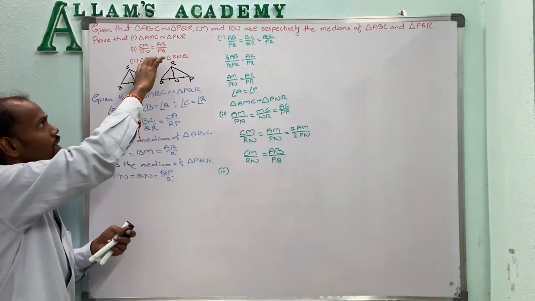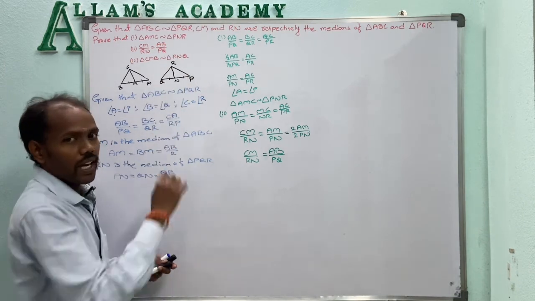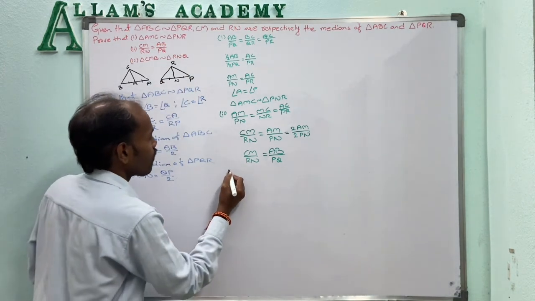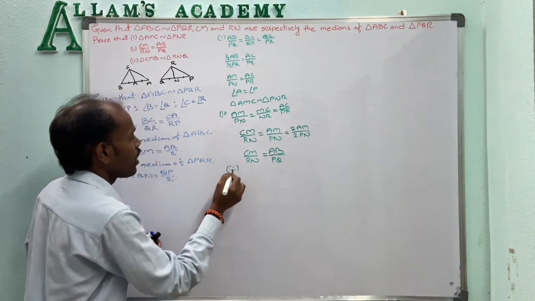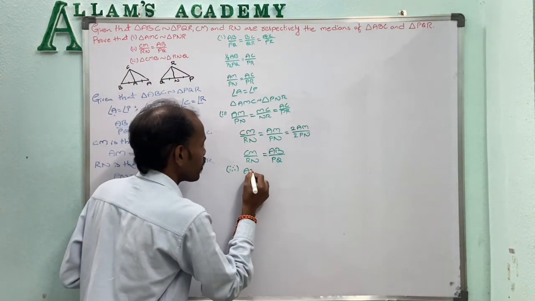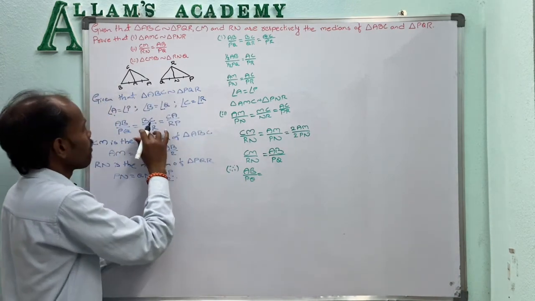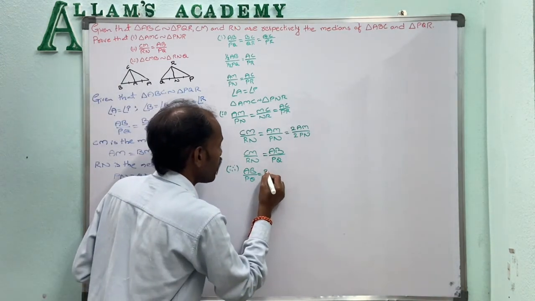Now the third one: for proving triangle CMB similar to triangle RNQ, we have to take the ratio of the first two, AB by PQ equal to BC by QR.